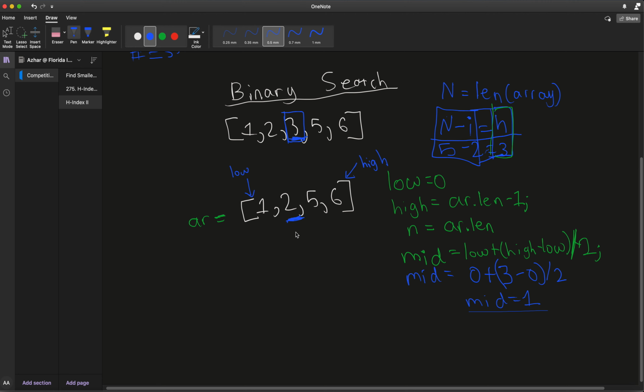So are there at least 2 elements that are greater than or equal to 2? We will go ahead and check and see. Well, 0 and 1. Are there at least 2 elements that are greater than or equal to 2?